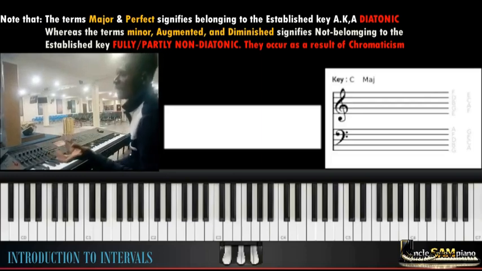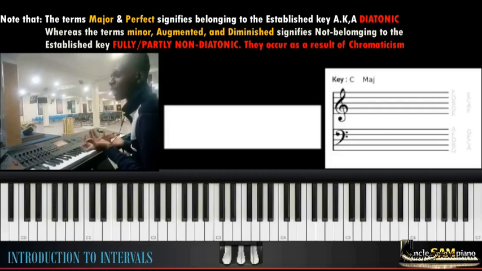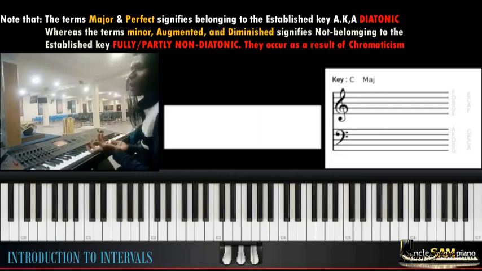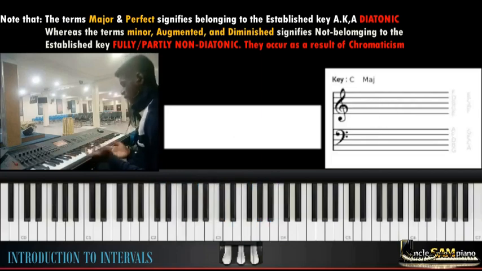Because the knowledge of intervals can only be understood when we have mastered our major scale. By mastering the major scale, I mean understanding it with respect to degrees, the scale numbering system, which some people call the Nashville numbering system: 1, 2, 3, 4, 5, 6, 7, 8, right?